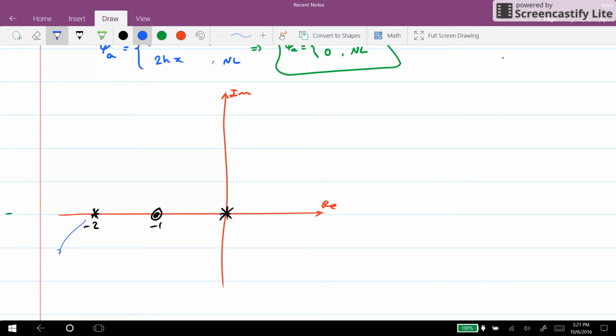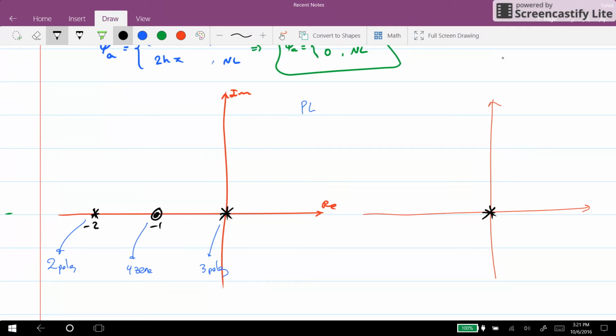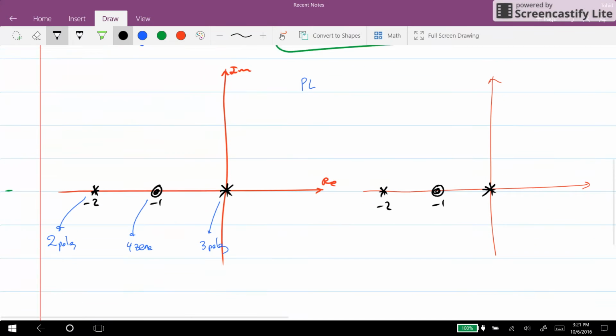So we have 2 poles, 4 zeros, and 3 poles here. This will be for the positive locus, and for the negative locus we will have a similar graph, where we have again 3 poles at the origin, 4 zeros at minus 1, and 2 poles at minus 2.